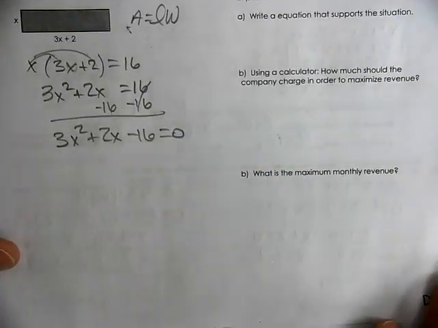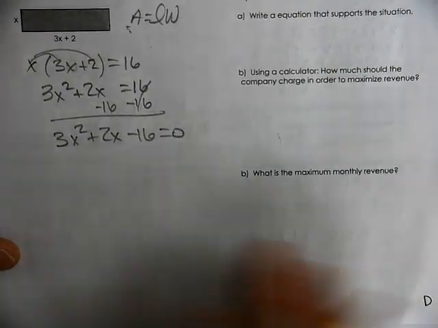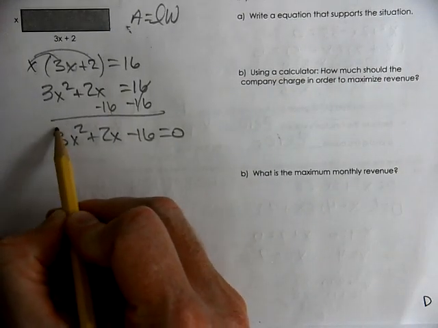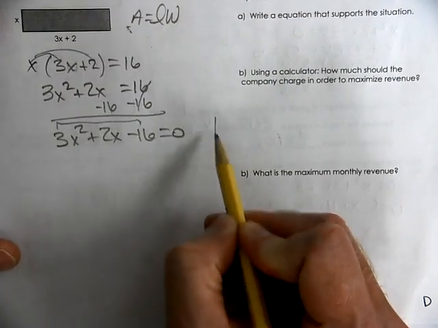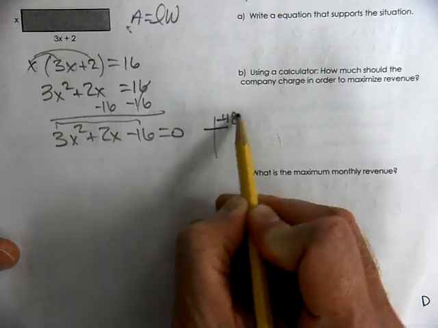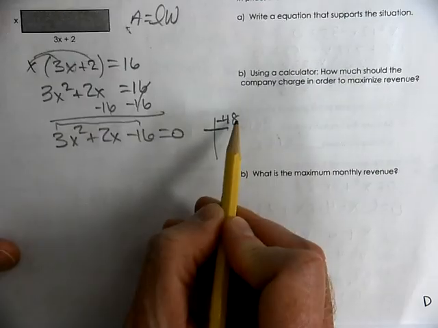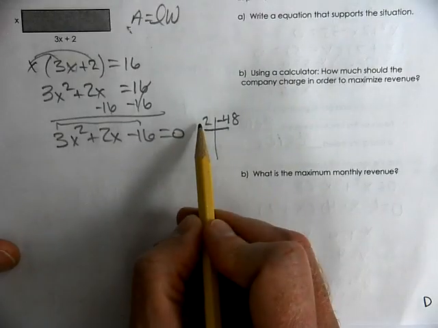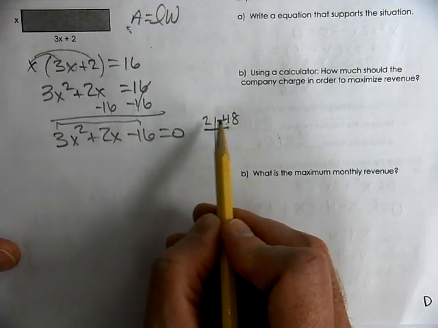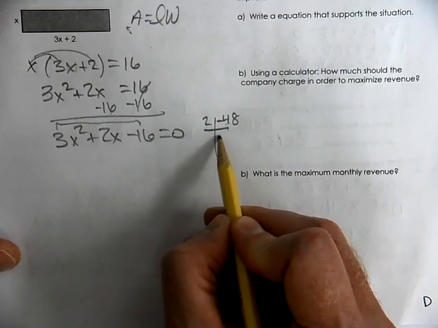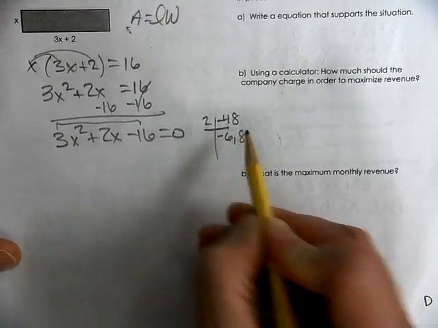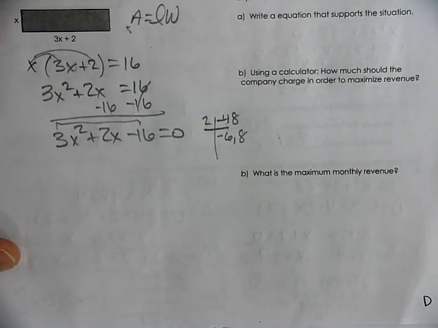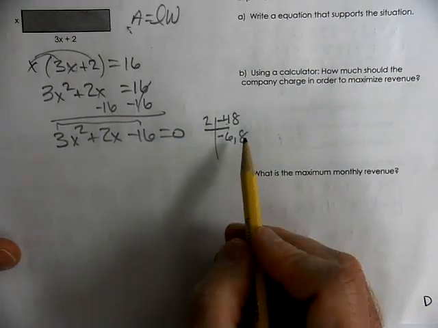So we can factor this. One way we've talked about factoring is to say 3 times 16. That's negative 48. And it has to add to be 2. What multiplies to be negative 48 and adds to be 2? Negative 6 and 8. If you know your multiples, you'll come up with that.